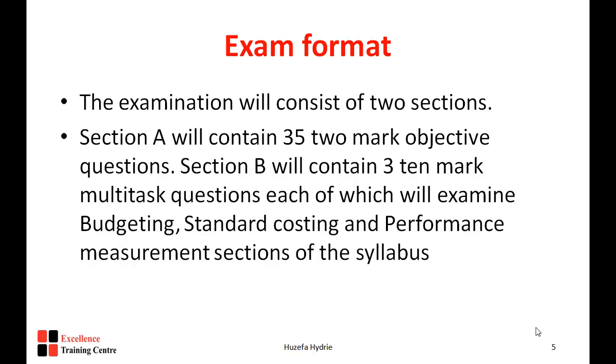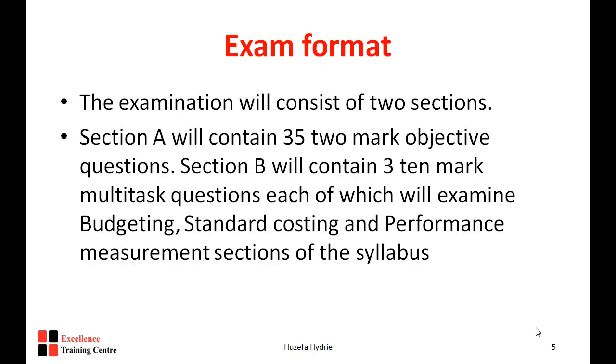The rest of the 30 marks will be based on 3 questions, 10 marks each, and each of these questions has been designated a section as well, so you don't have to guess from where your question will be coming.